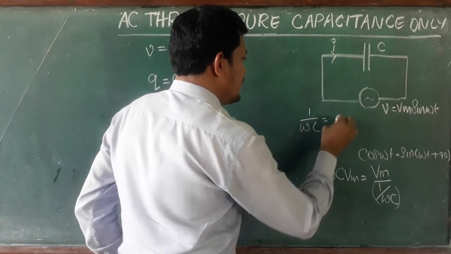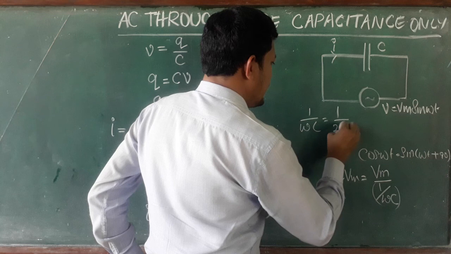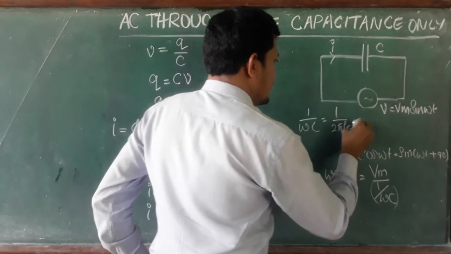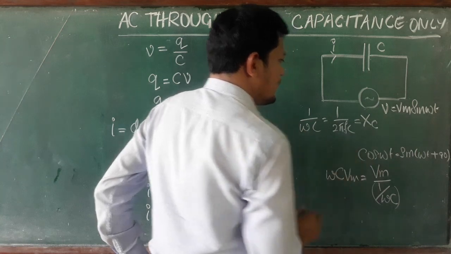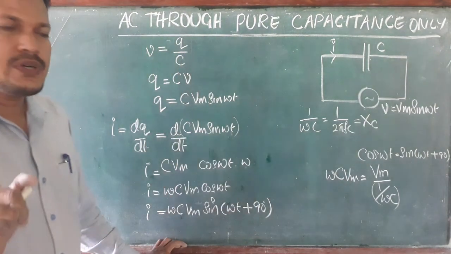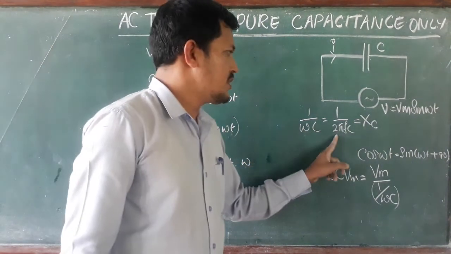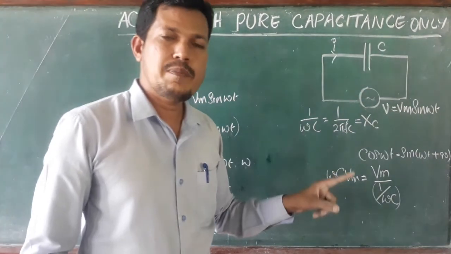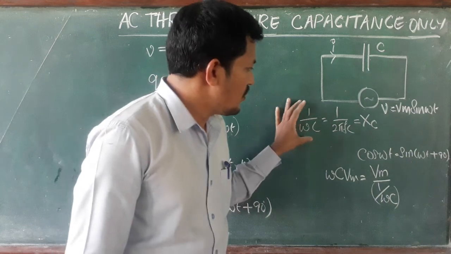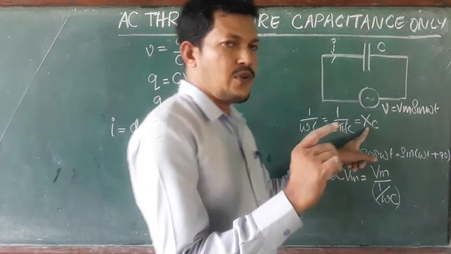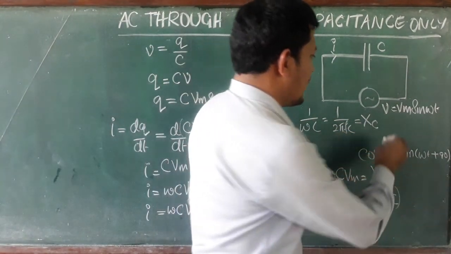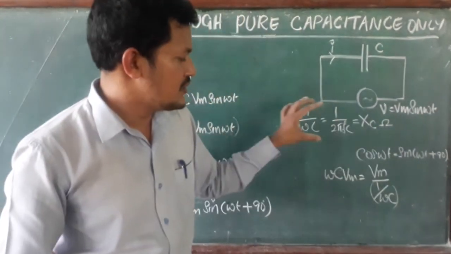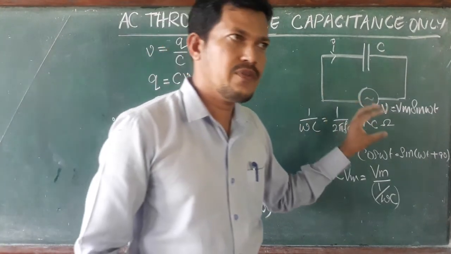We know that 1 by omega C equals 1 by 2 pi fC, and this value is Xc. Xc is the capacitive reactance, the opposition offered to the flow of alternating current through a capacitor, measured in ohms. Whenever something is measured in ohms, it is an opposition to the flow of current.